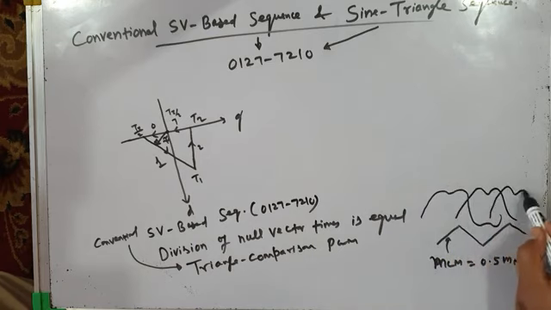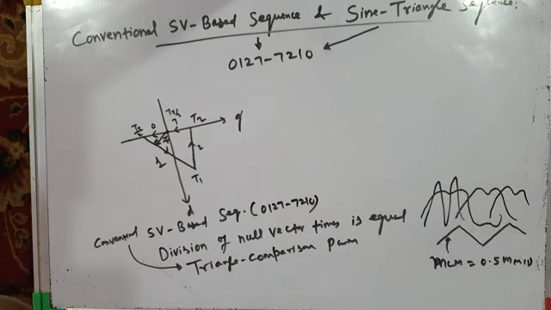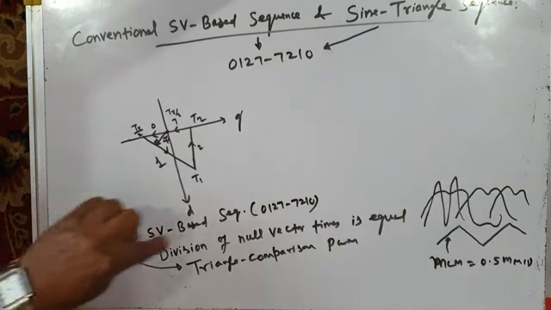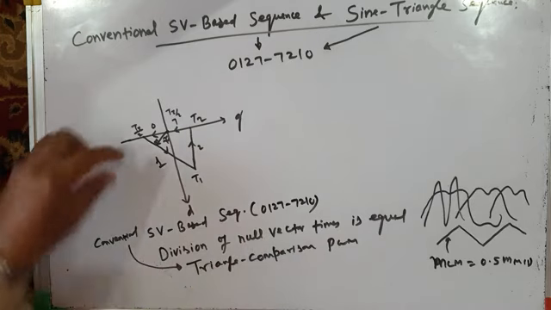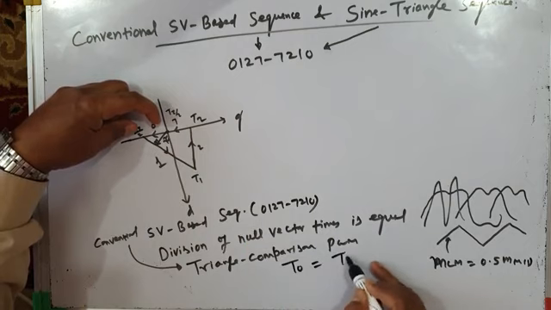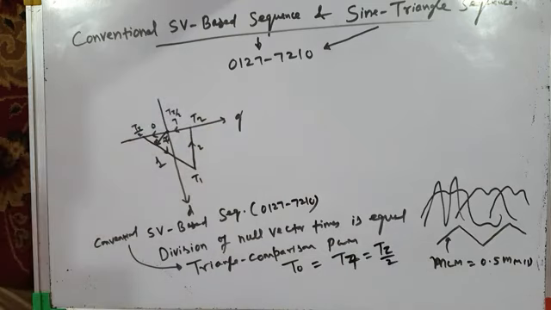Phase R, phase Y, phase B, and compare that with high frequency triangular carrier wave, will generate the control pulses, and we will get same switching sequence as conventional space vector based PWM technique, and division of null vectors will be equal. That is, T naught will be exactly equal to T7, equal to Tz by 2 each.